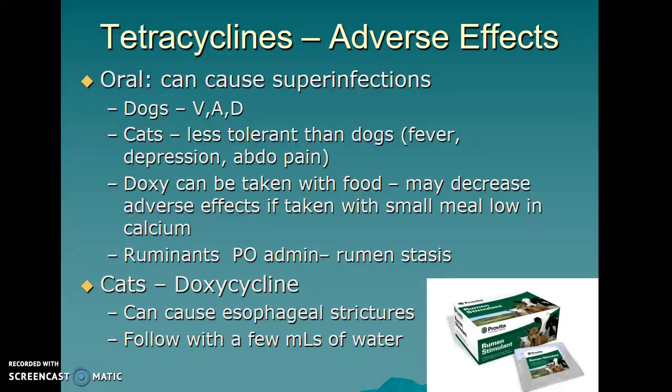And we can get what are called esophageal strictures, where the esophagus narrows down because it's been irritated and then it sort of closes more in. And that's not a good thing. That can cause a lot of other problems with food getting down and that kind of stuff.